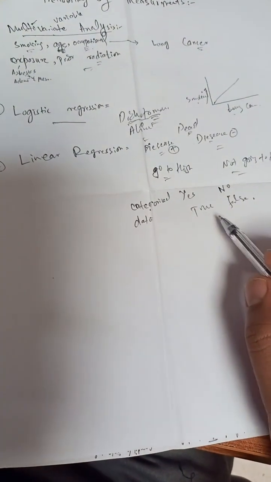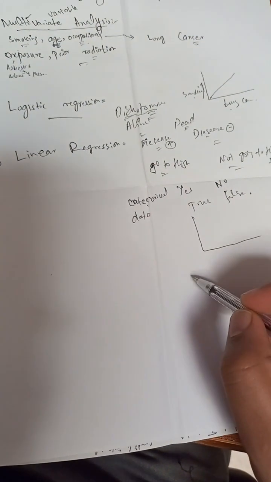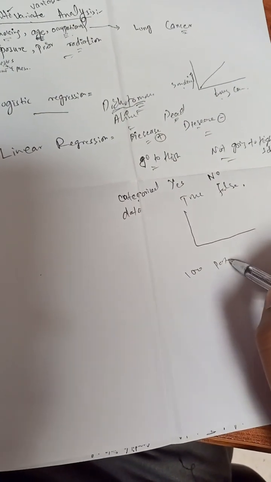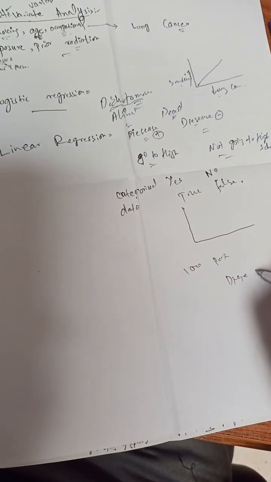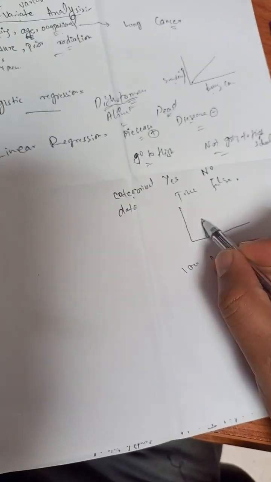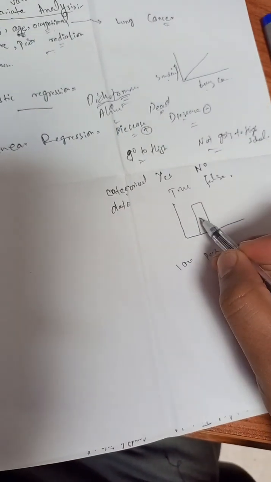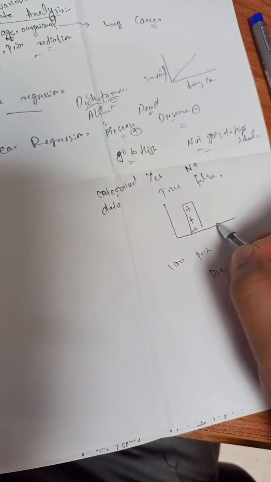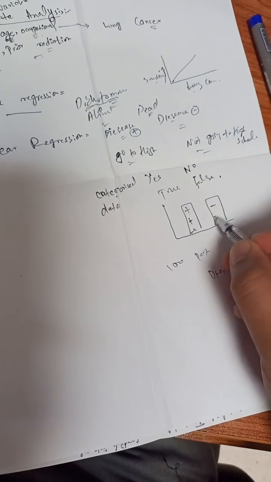And we can also say that a 0 or 1 in computer, right? So for example, if we divide our 100 patients into disease versus non-disease, and we make a bar graph, these 50 are having the disease, and we make another bar graph, these 50 are not having the disease.